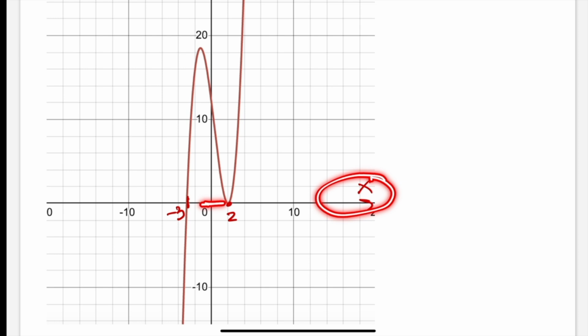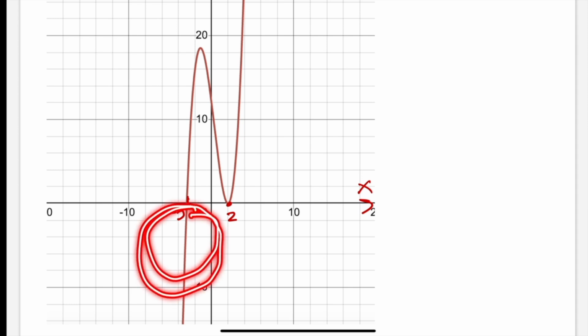Because remember, f of x here is 0 right there. Below is less than 0. Remember, my inequality wants something that is below, less than 0. So the piece of the graph that is below my x-axis, remember that I have an arrow here.